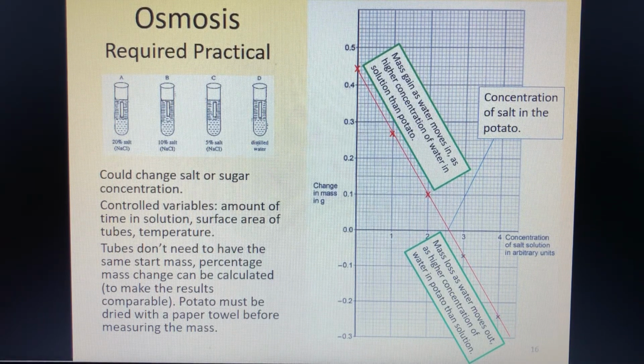But when you do it as a percentage, they've both lost 10%. So converting to percentage change in mass is a really useful way to compare results. We also dried our potato lightly on a paper towel before measuring the mass to remove any excess water. Another one that they like to talk about to make it a fair comparison.